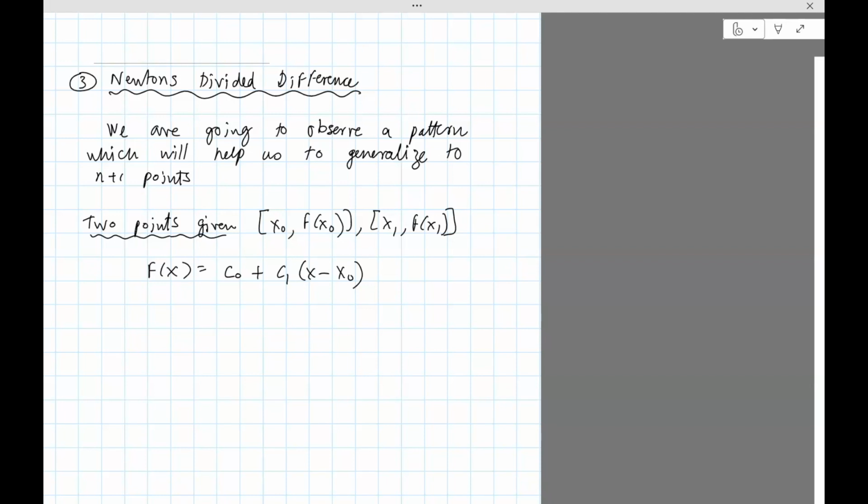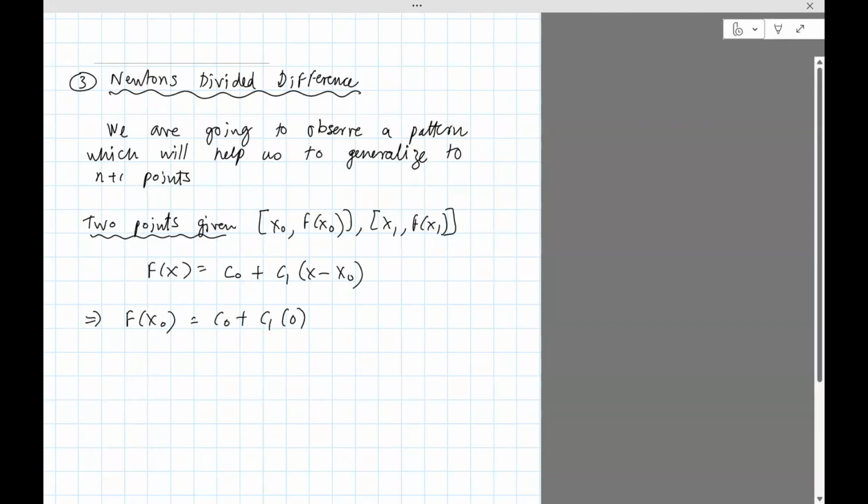Now, we need to compute C0 and C1, and the curve passes through the 2 points, x0, f of x0, and x1, f of x1. So we'll sub in the values.